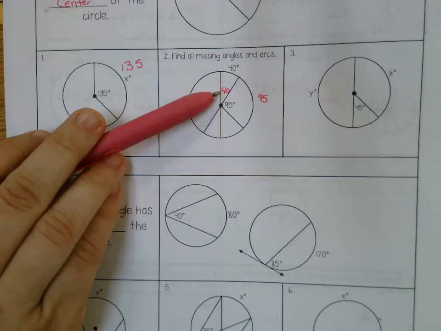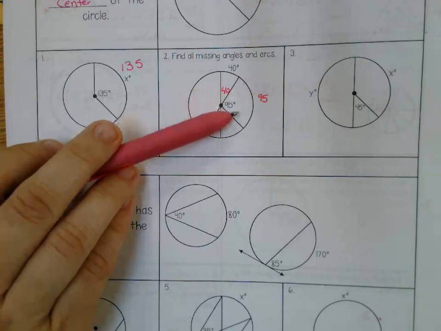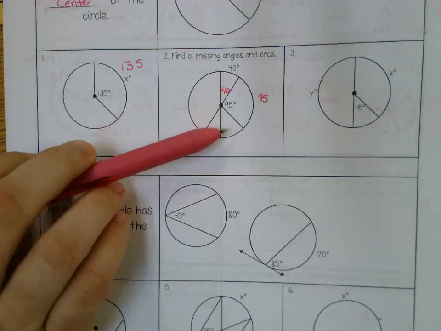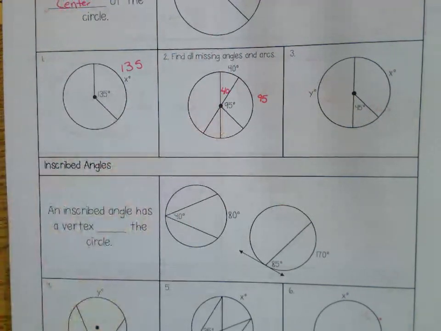Well, what do I know about a relationship between these three angles right here? What's the relationship between those three angles? They're a semicircle, which is how many degrees? 180. Okay, a semicircle is 180 degrees. So you're going to do 180 minus the 95 that we already have minus the 40.